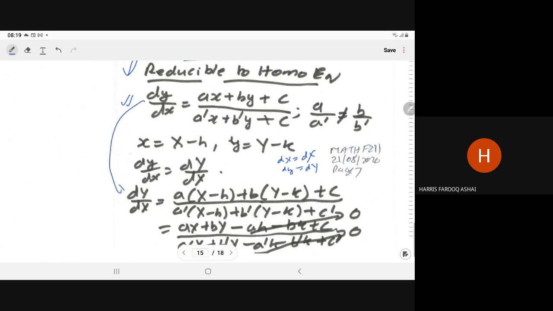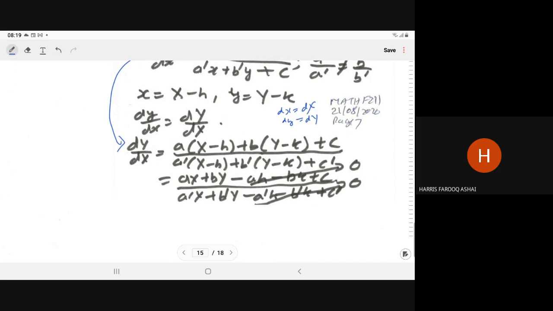So this equation will give you dY upon dX is equal to a into X minus h plus b into Y minus k plus c upon a dash into X minus h plus b dash into Y minus k plus c dash.